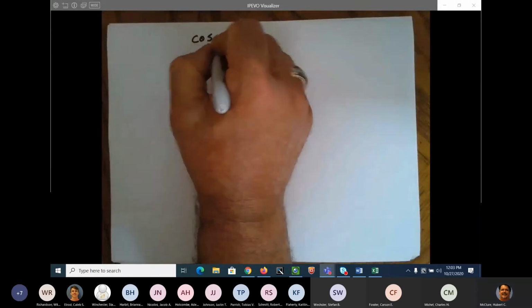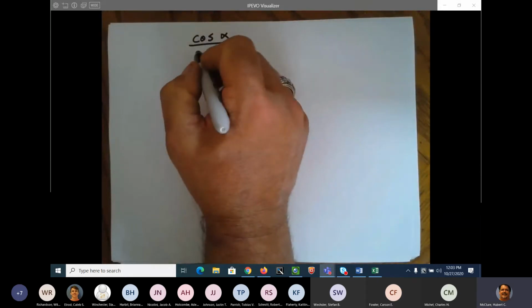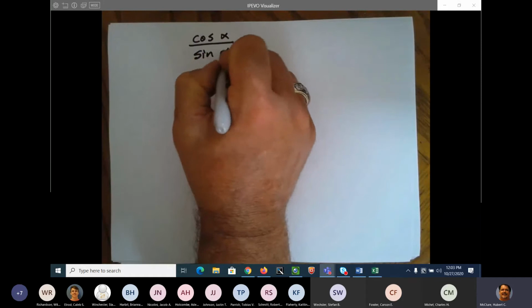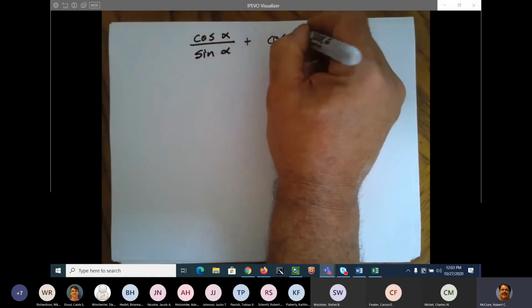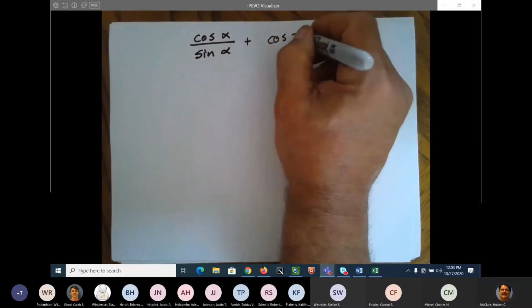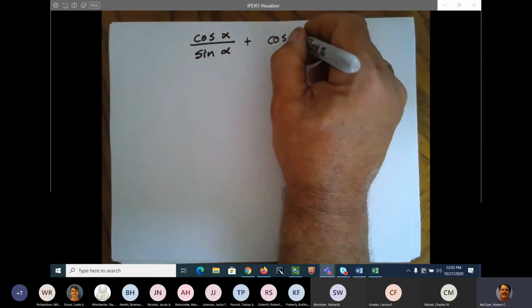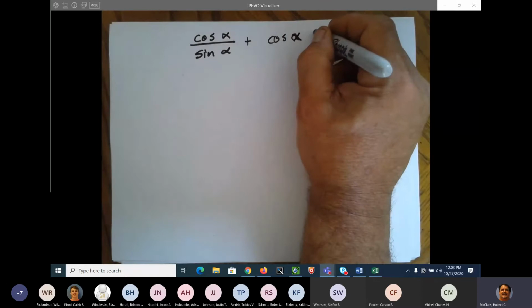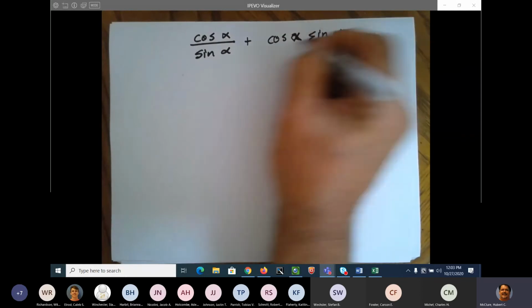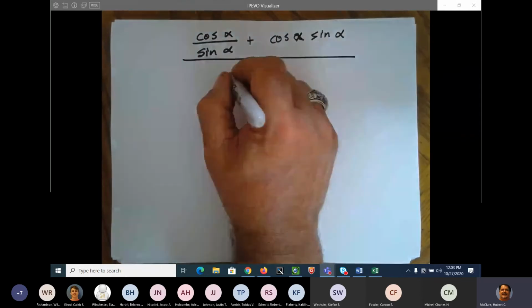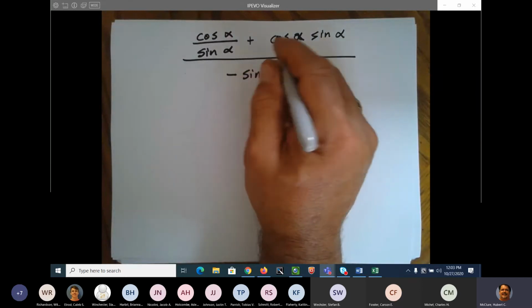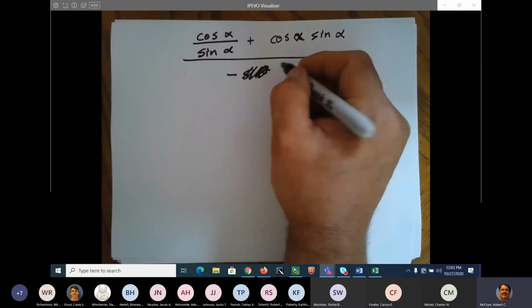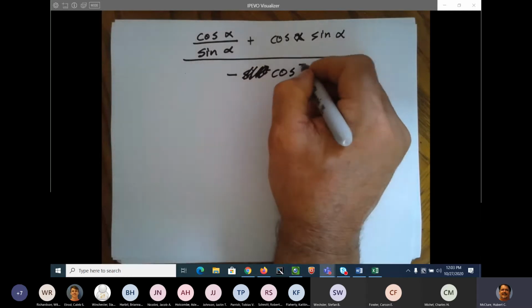But that's going to give us cosine alpha over sine alpha plus cosine of alpha, I'm sorry, I done messed up. Cosine of alpha, sine of alpha over negative cosine squared alpha.